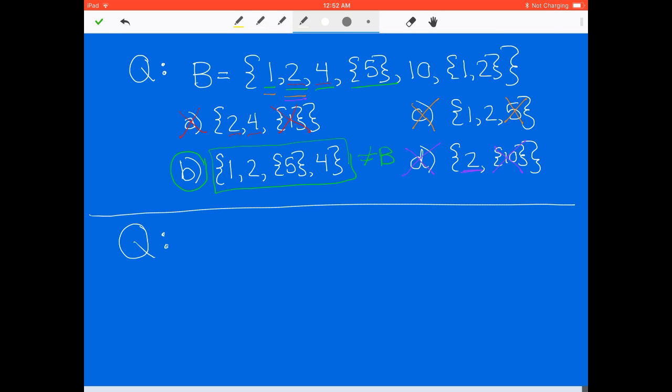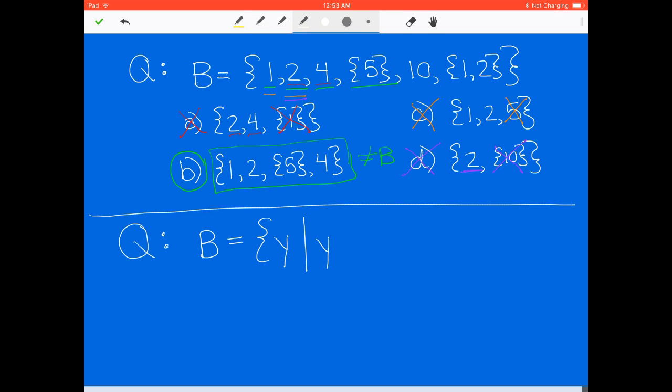Set B that consists of all elements y such that y is a positive integer. So, set B that consists of, we're going to have our curly brackets, of all elements y, so we're dealing with y, such that y is a positive integer.